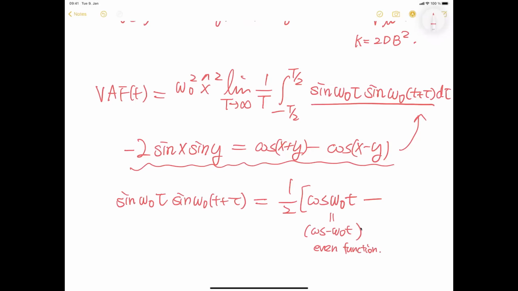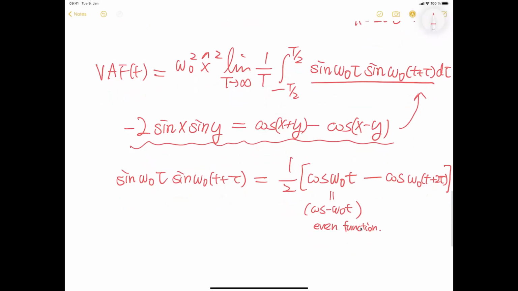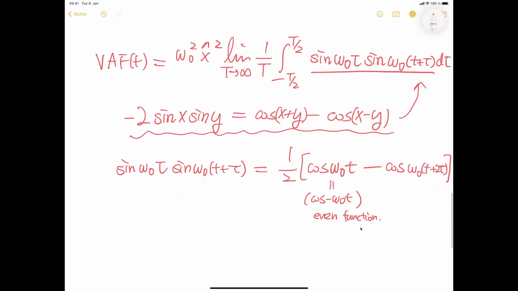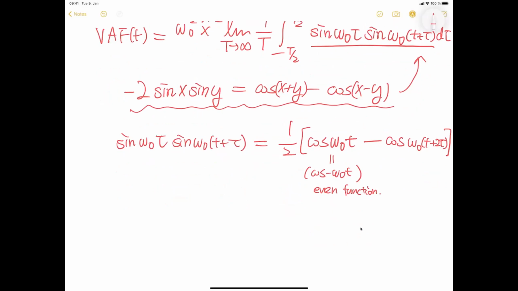And then the other one is cosine x plus y, so this will give you cosine omega 0 t plus 2 tau. So now we have to integrate with respect to tau. Then you can get this, and the prefactor is still here.